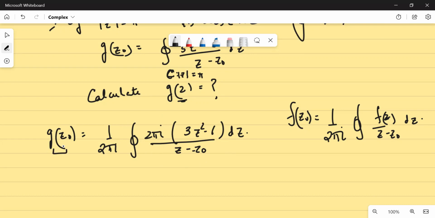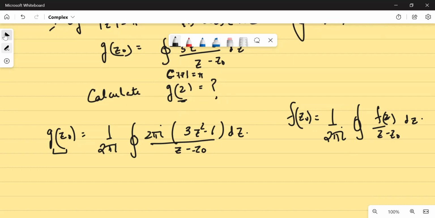Are you getting my point? Sir, why inside 2 pi iota? Yes, because I have multiplied and divided by 2 pi iota, just to keep this structure intact. Sir, can we not write directly g(2) is equal to 1 by 2 pi iota integration f(z) by z minus 2? You can do that, but you have to find the value of g.